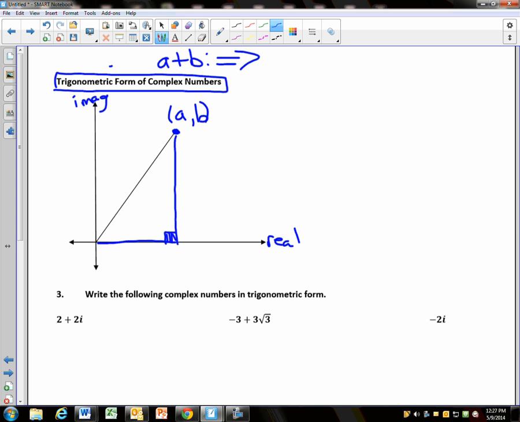What is this length of the triangle? a. What's this length? b. And this is the distance that this point is away from the origin.